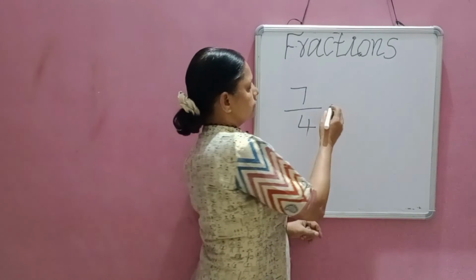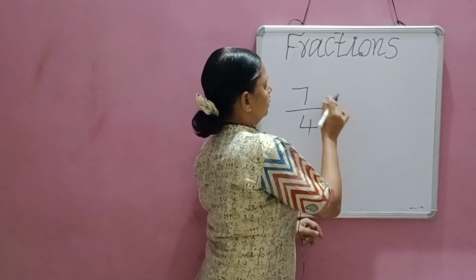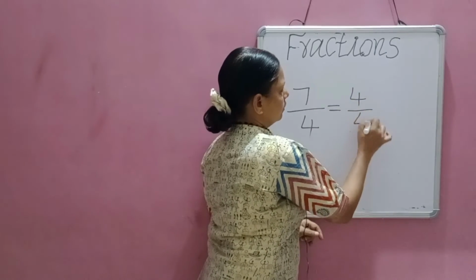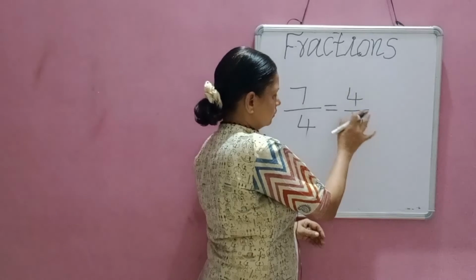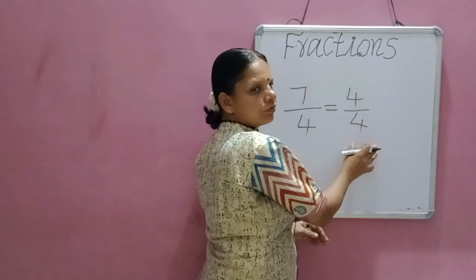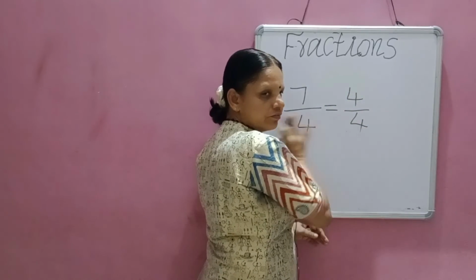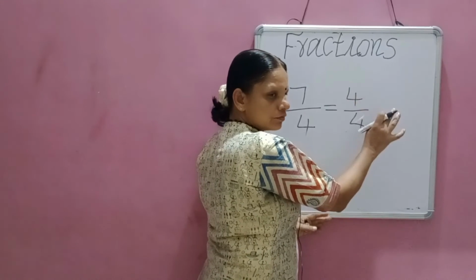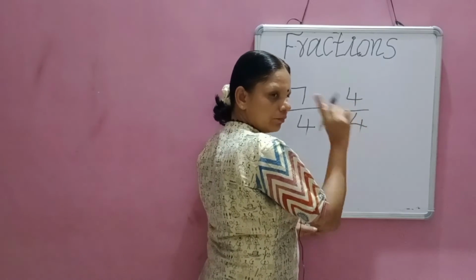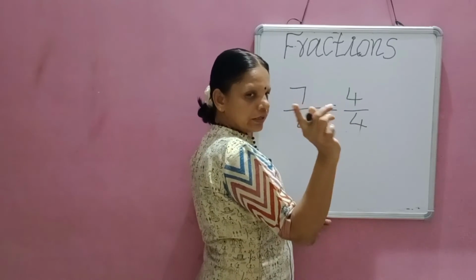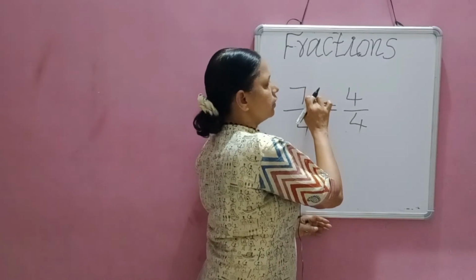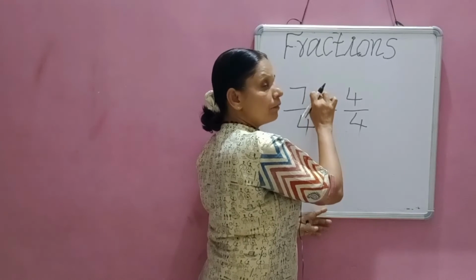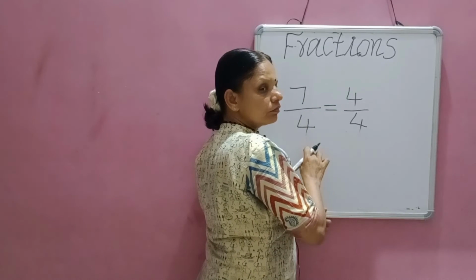Clear? So what is that? How we will divide? 4 upon 4, that is 1. Only 4 parts we can take out of 4 equal parts. The division is into 4 parts only. Out of these 4 parts only we can take from 1 chocolate. We have taken one chocolate. So what is remaining here? 3 parts remaining. 3 parts out of what?